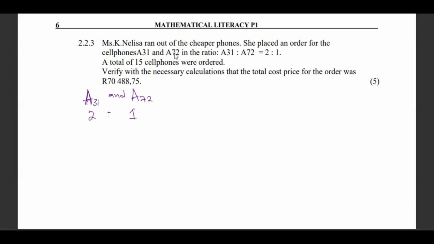First and foremost, we need to find out how many phones were ordered all in all. So we are going to add this and it becomes 3. So the A31s will be 2 out of 3 times 15. Why? Because the total number of cell phones ordered is 15, but out of the 15, 2 out of 3 are supposed to be A31.